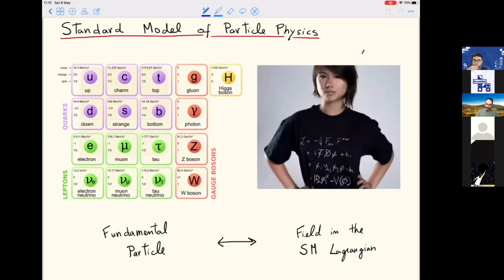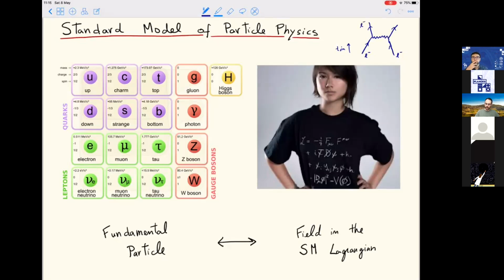For example, you have two electrons, and let's say this is time. So you send one against the other, and they should repel, they are electrons. Fundamentally what happens is that this electron emits a photon that is absorbed by the other one.